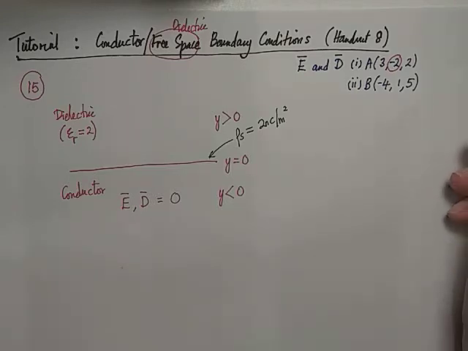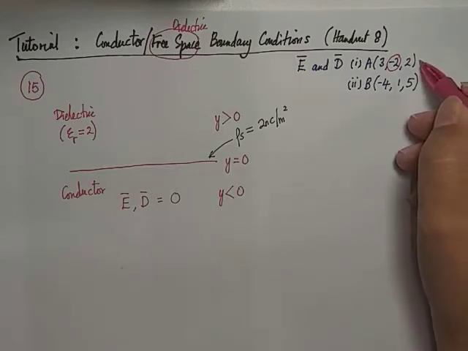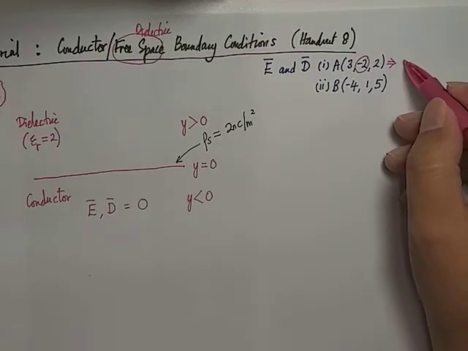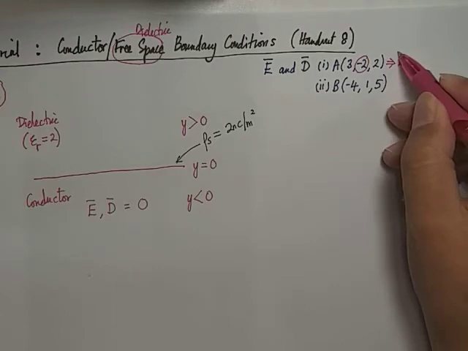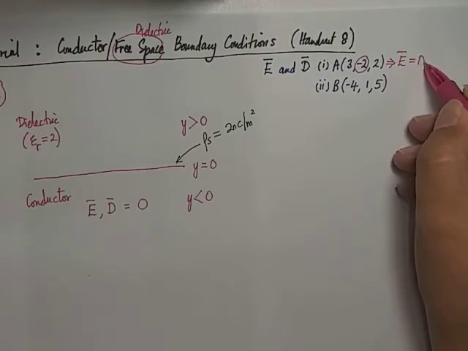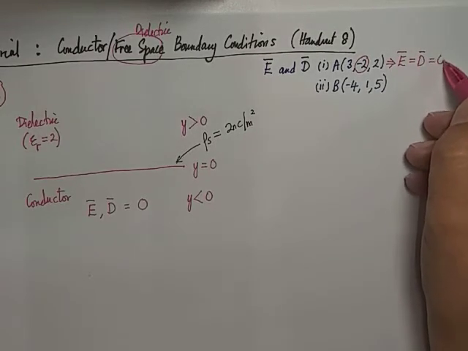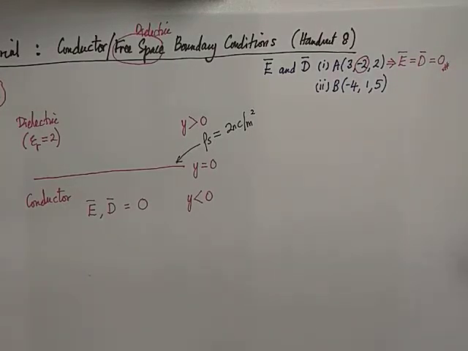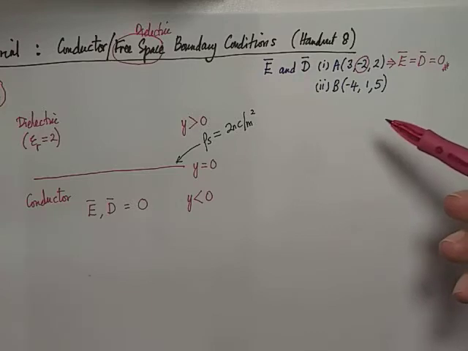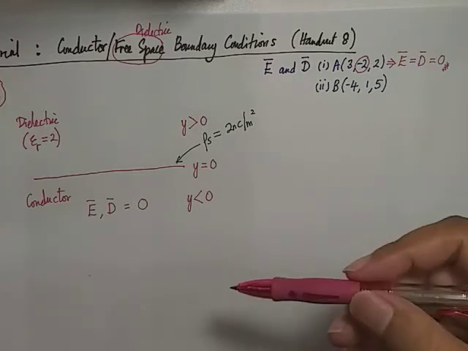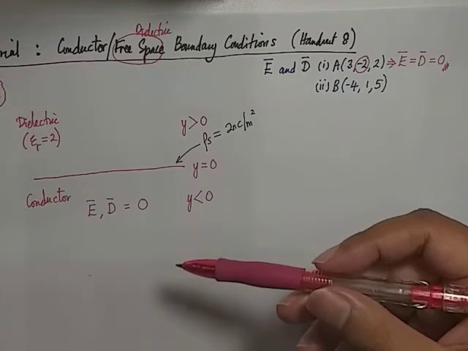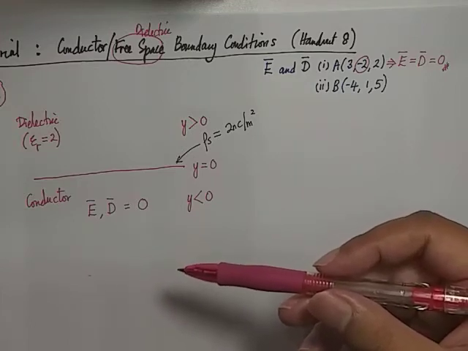So I'm going to state now, for this particular position, the E and D will be equal to 0. So that should be our solutions regarding point A, due to the reason that has been explained before, where we know that in a conductor, the net electric field will be equal to 0.